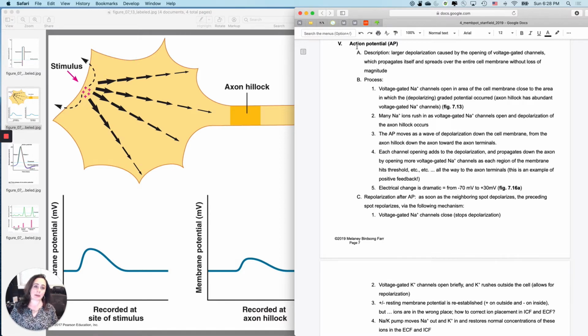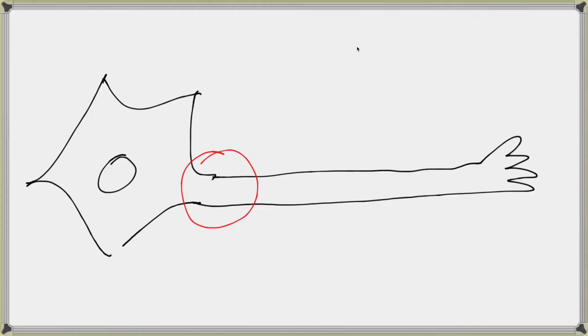So the process basically goes like this. So let's look at this one. Okay, so if you start with a neuron, poorly drawn, like I draw everything, then the whole neuron, of course, would have been at resting membrane potential, right? So that's minus 70, okay?